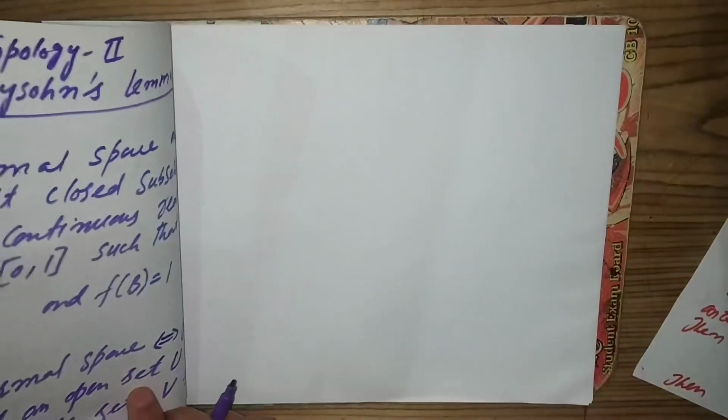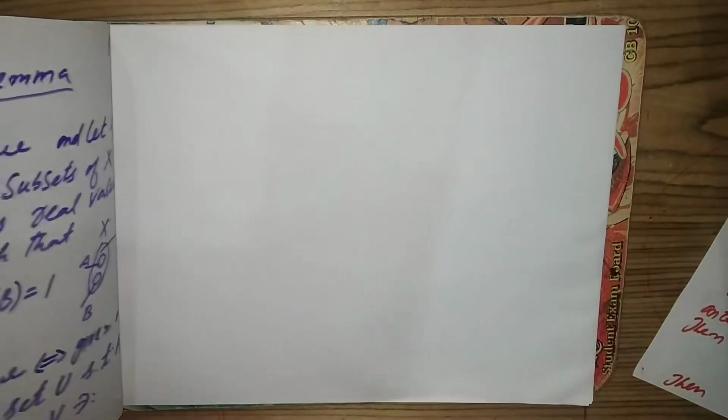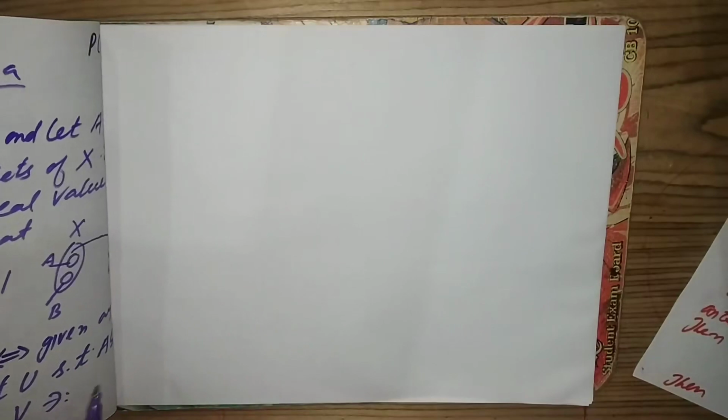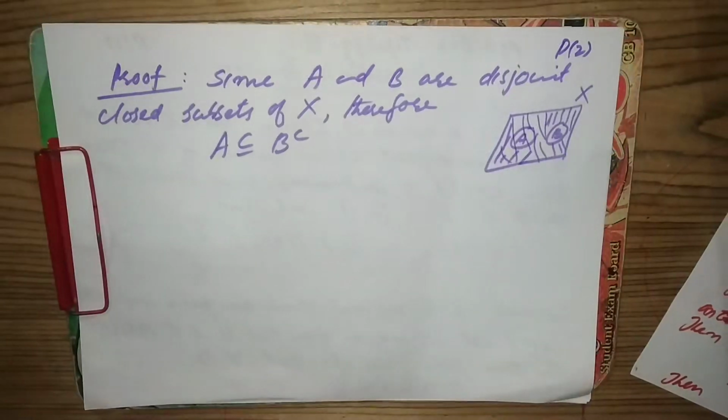And here we have seen that if X is a normal space, then given any closed set A and any open set U containing A, there exists an open set V such that A is a subset of V, closure of V is a subset of U. So we can apply this lemma.